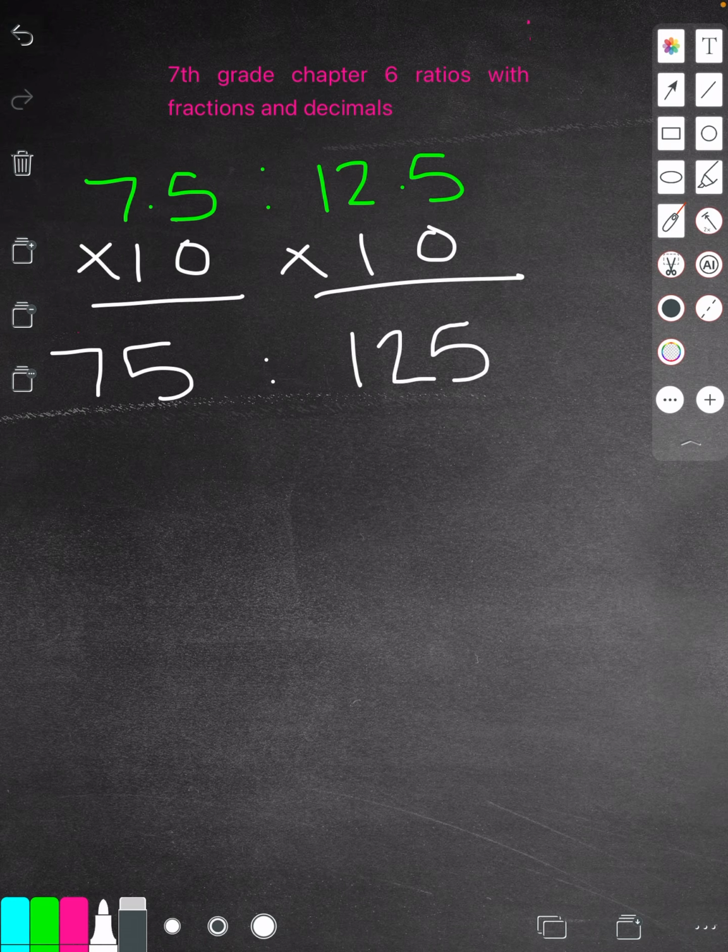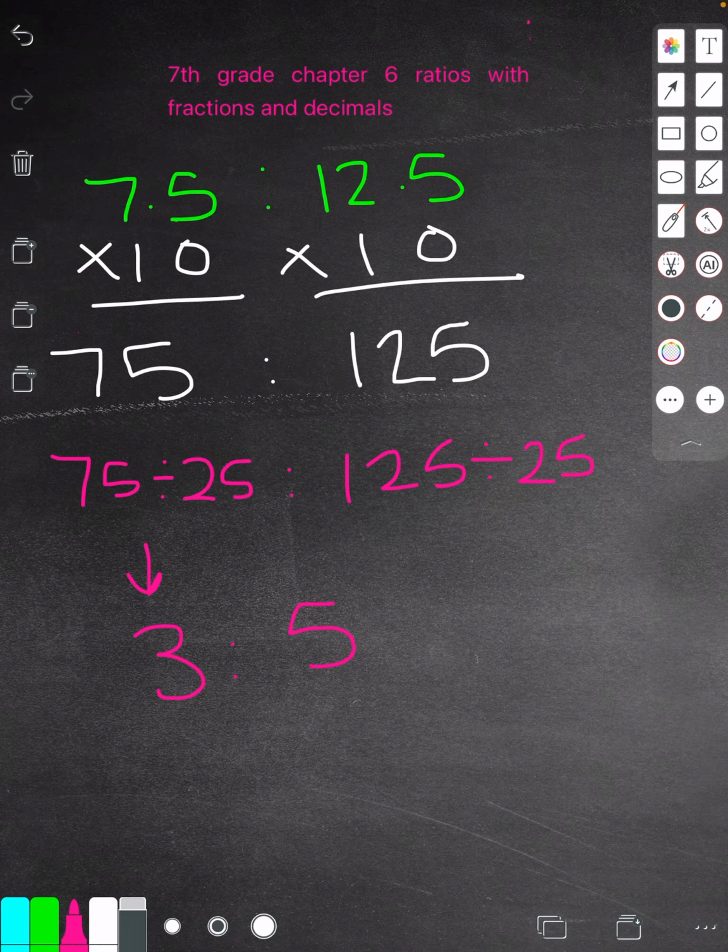So I'm thinking of the greatest common factor I can think of, which is 25, and I'm going to divide by 25 on both sides. Why? Because I need to keep them balanced and equivalent. 75 divided by 25 is 3, and 125 divided by 25 is 5.